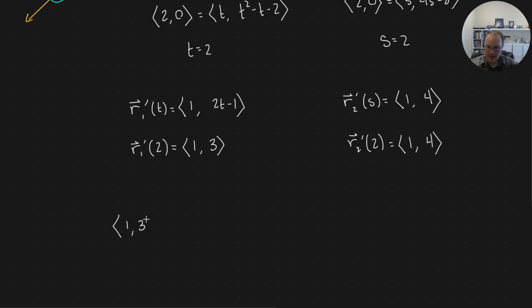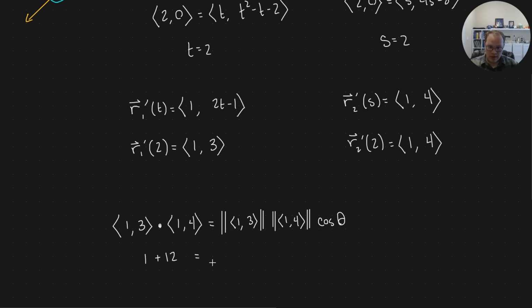The dot product of the tangent vector to the first function with the vector tangent at the point of intersection to the second function is going to be the norm of the first vector times the norm of the second vector times cosine of the angle between them. Dot product, I just get 1 times 1 plus 3 times 4. I get 1 plus 12.